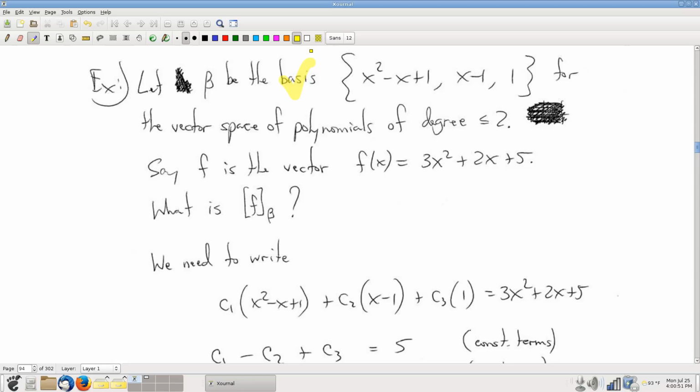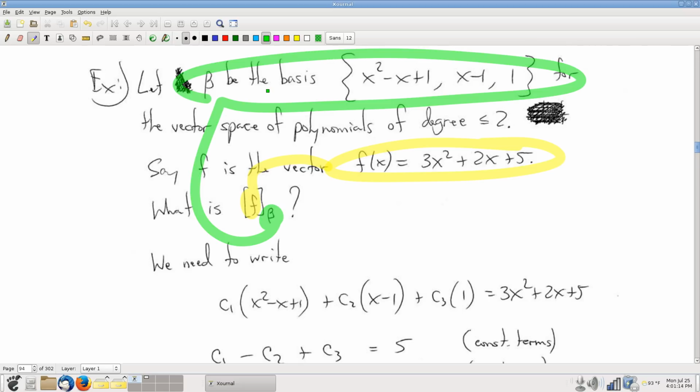Okay, so that having been confirmed, here's a vector in that vector space, and let's ask what are its coordinates relative to that basis. And reminder, now this is a vector in the vector space. This is a basis.